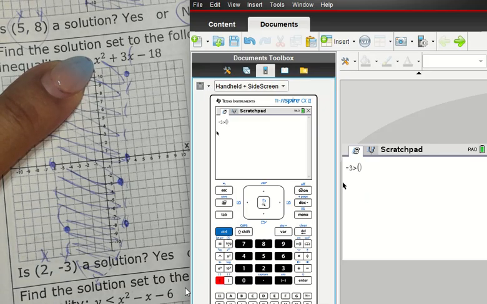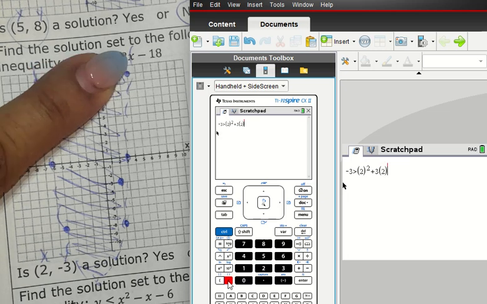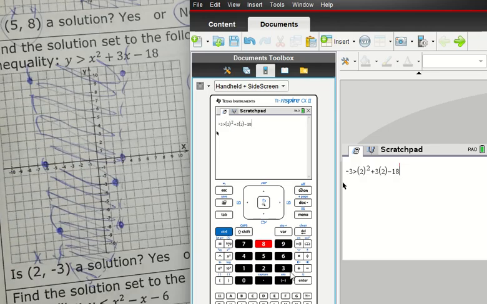So that's 2 squared plus 3 parentheses 2, and then minus 18. So if I press enter, it says true.